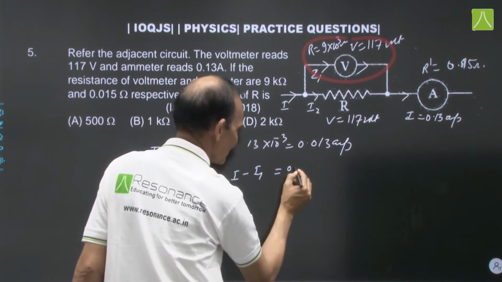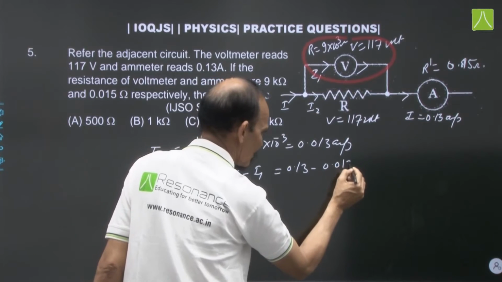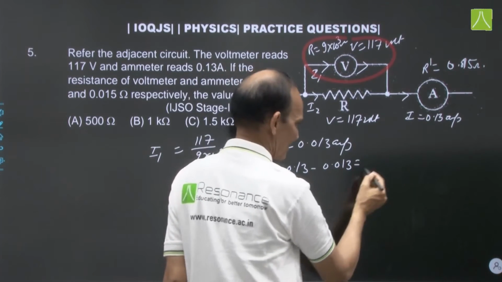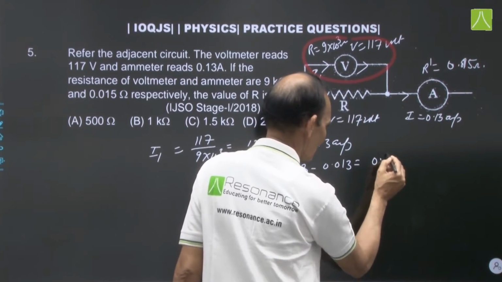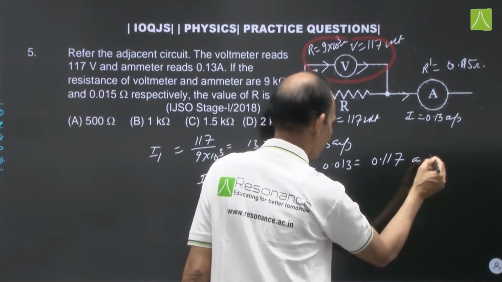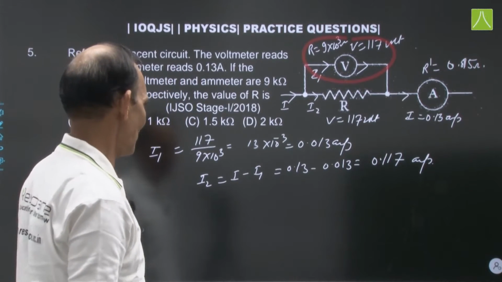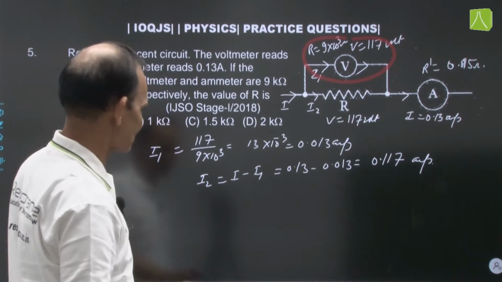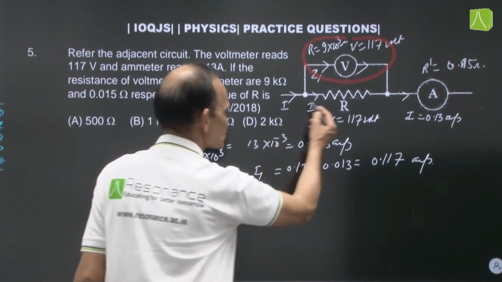I is 0.13 and I1 is 0.013; if we subtract, there will be 0.117 ampere. It is the current through the resistance R.